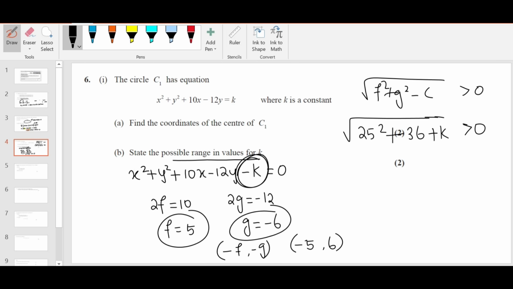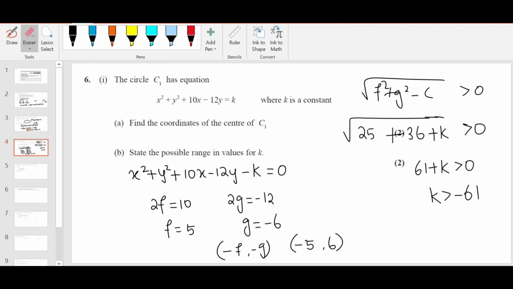Sorry, not 25 square, it's 25. So you'll get 61 plus k is greater than 0, so k is greater than minus 61. That's the range of values of k.